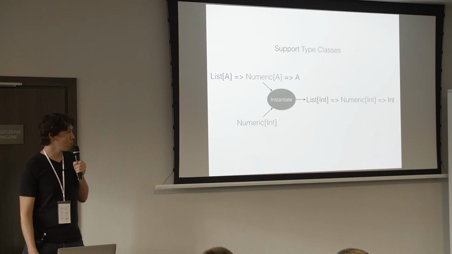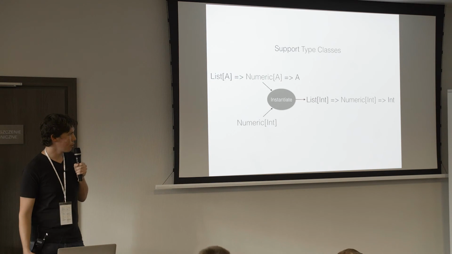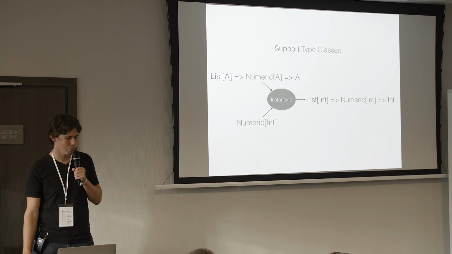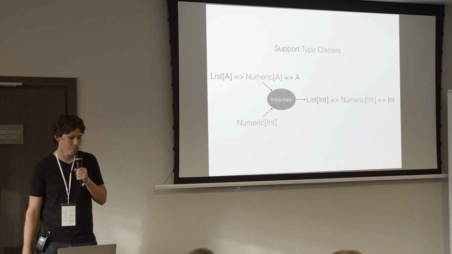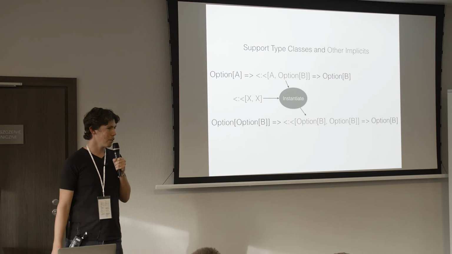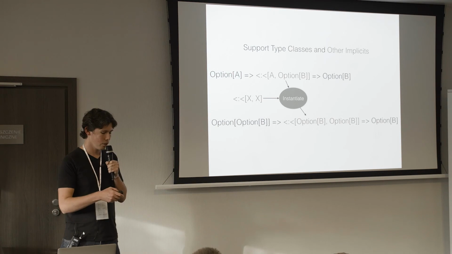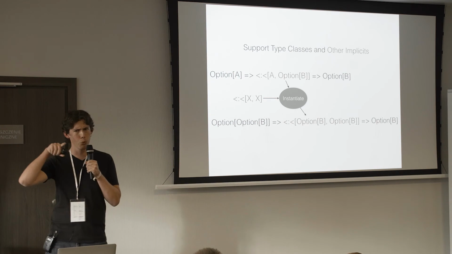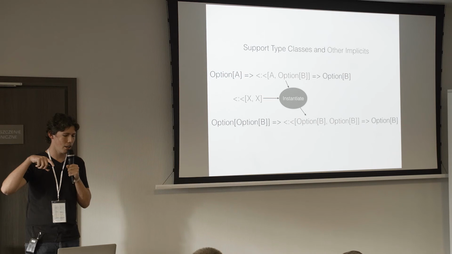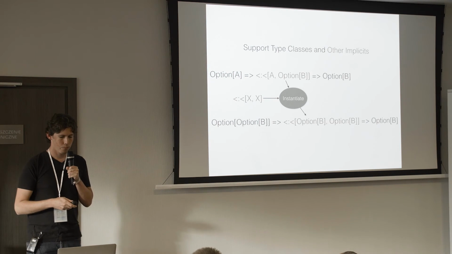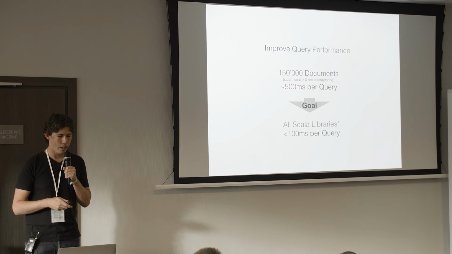This blows the index up a bit, but it's not that big a problem. Actually, this is more flexible than just type classes, so we can also handle things like the subtype witness from option.fold.